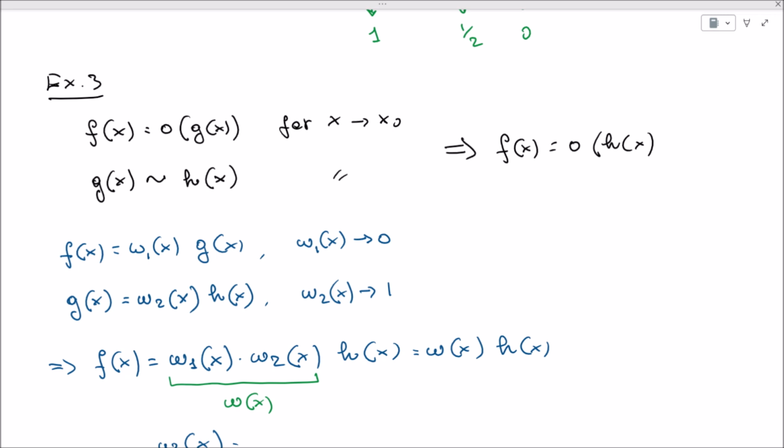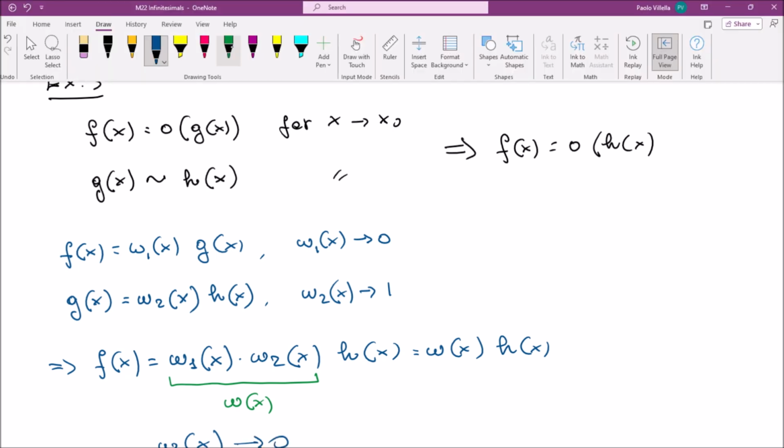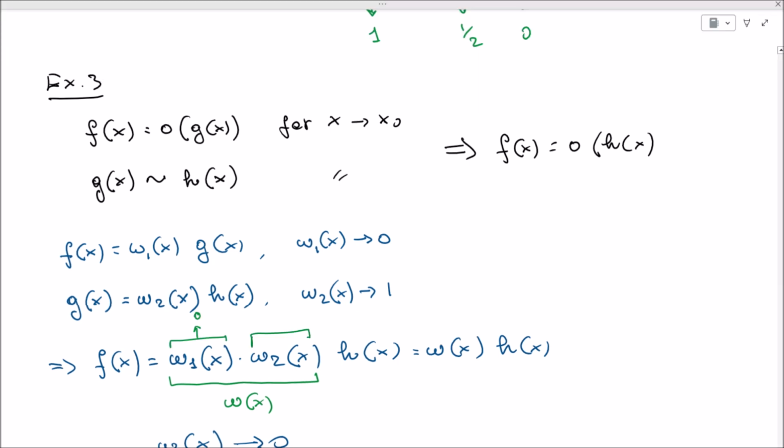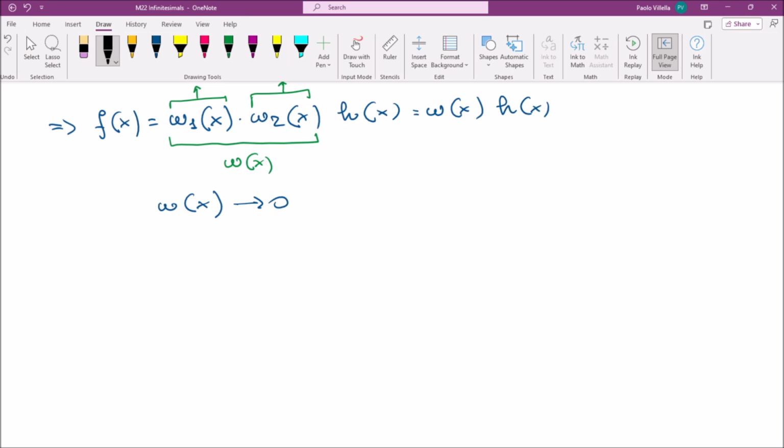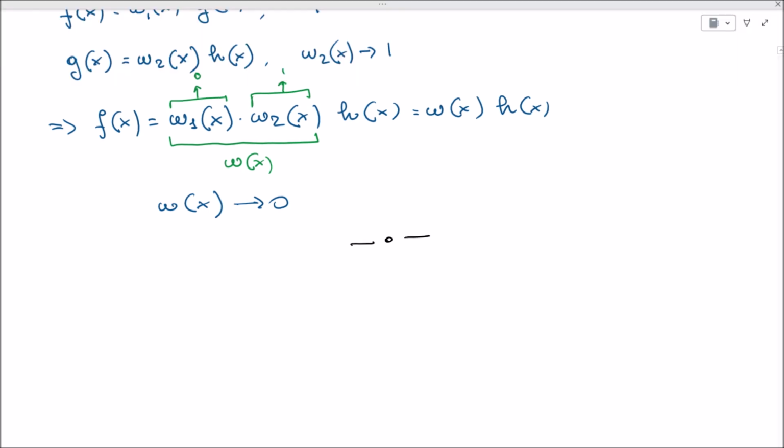But this is clear because omega 1 will tend to 0, and omega 2 will tend to 1, so the product is going to tend to 0. So that was easy to prove, right? And a similar result is the following. Let's consider now f of x as little o of g of x for x that tends to x naught.